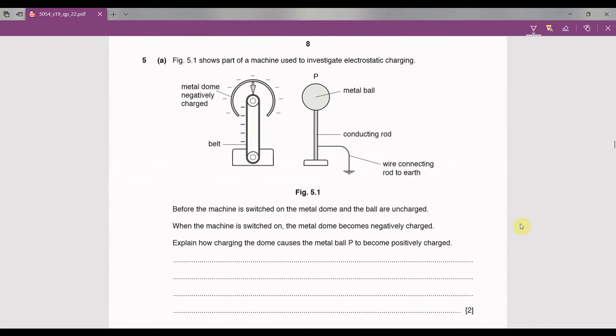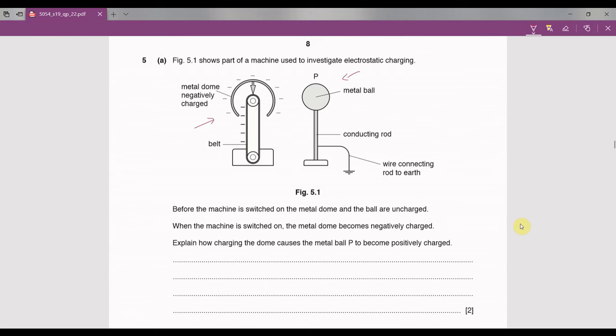This is from static electricity, and what they have basically given you, they're referring to this left equipment as the dome, but actually this is known as a Van de Graaff generator, and they're referring to this one as the ball. So make sure in your answer as well you refer to them with the same words as they have used in the question, otherwise there will be just confusion.